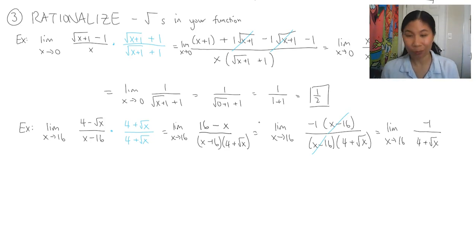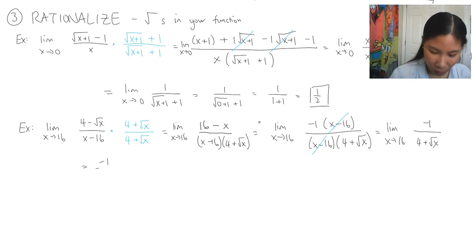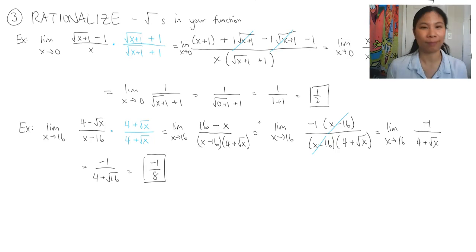Cool. And now I won't end up with 0 on the bottom of the function when I plug in x equals 16. So that'll leave me with negative 1 over 8. Cool.